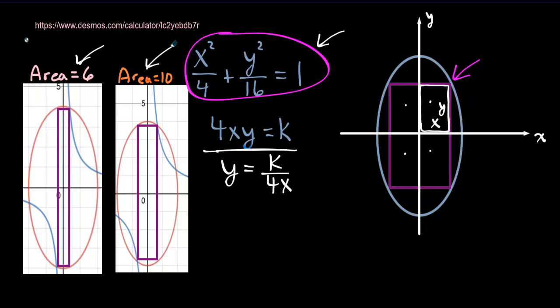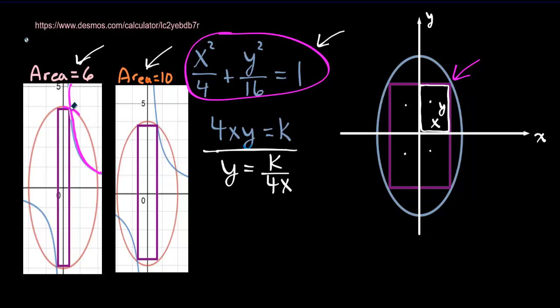Here's the hyperbola. Here is the ellipse, and this purple is a rectangle that we could put inside that ellipse. This represents a rectangle with the area of 6.